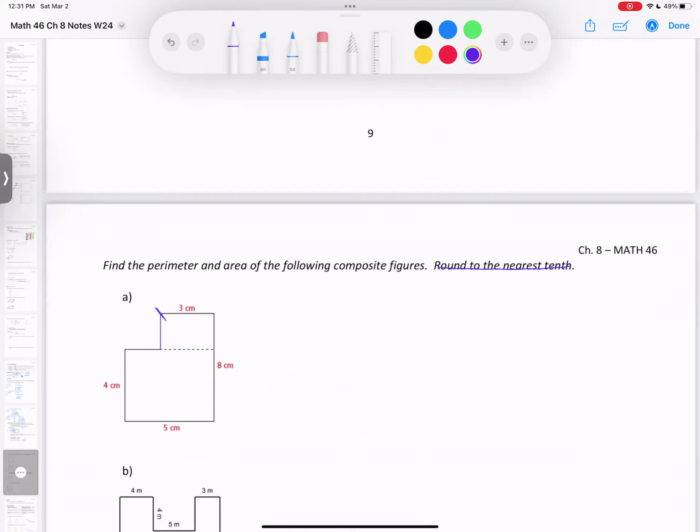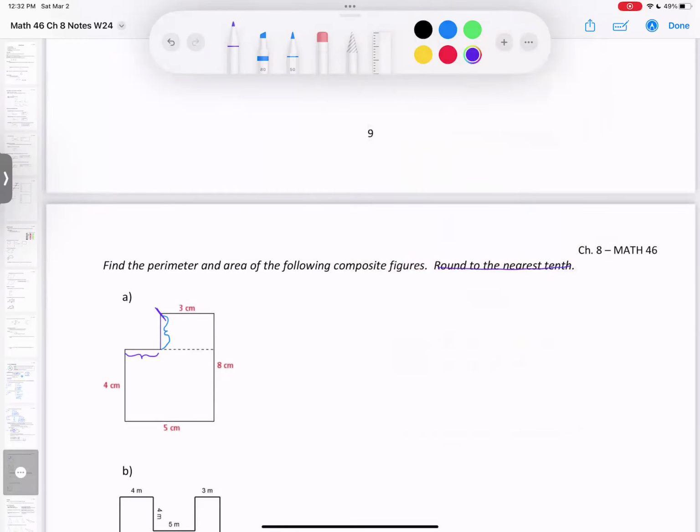That means we need to know the length of fence we'd need if we were enclosing this shape, the length around this shape. Well, we've got a problem because we don't know this length here, and we also don't know this length here. So we have to figure those out. Let's look at the purple one first.